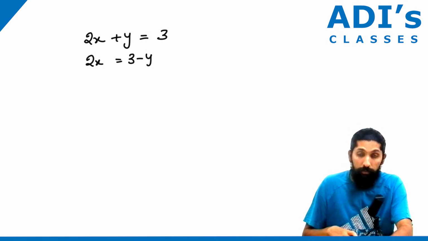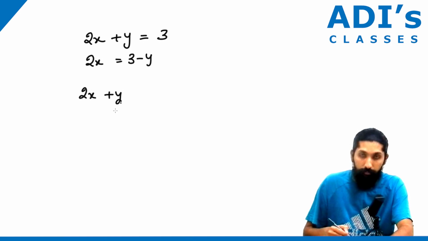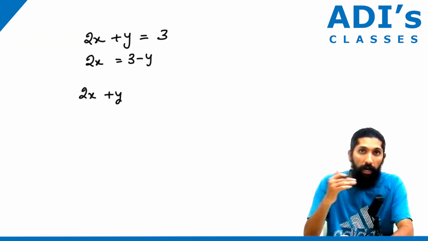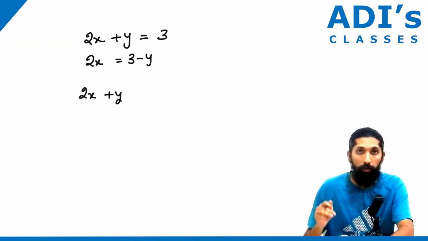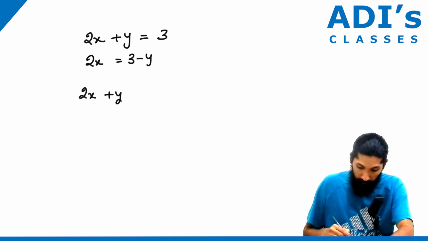Suppose you have just an expression, in the sense, instead of saying 2x plus y is equal to 3, suppose I write 2x plus y. Here, you add and subtract, correct? This is the common logic in math. The same thing you do for multiplication and division also, isn't it? Suppose you have x by 2 plus y by 2 is equal to 3.